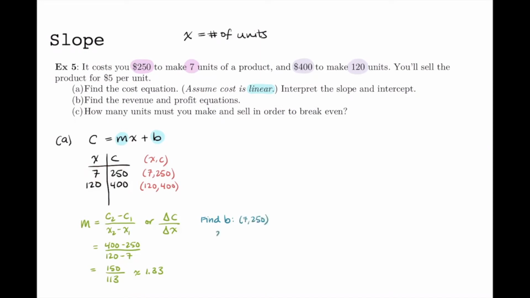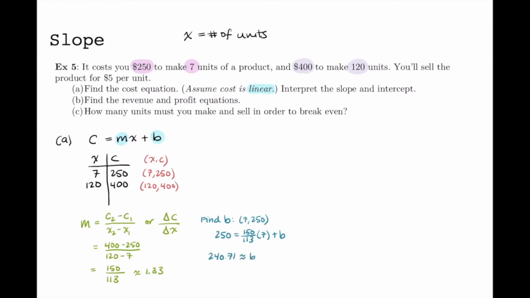So I'm going to plug in 250 for cost, and I'm going to plug in my m value, and it's probably best to just use this exact value, that's the fraction here, at least until we get a final answer. And then our x value that goes with 250 is 7. So if we solve for b by subtracting this whole thing to the other side here, we will get about 240.71.